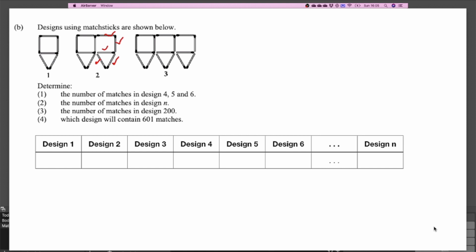So we started off with, in design 1, 6 of these. But in design 2, 5 more are added. So if you count the sticks there, you should get 11.